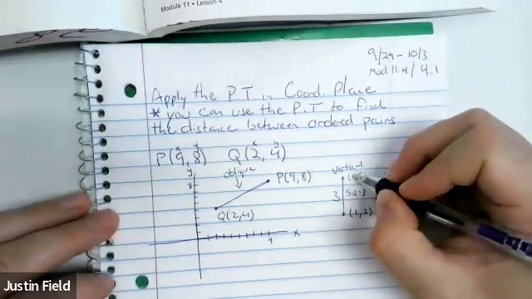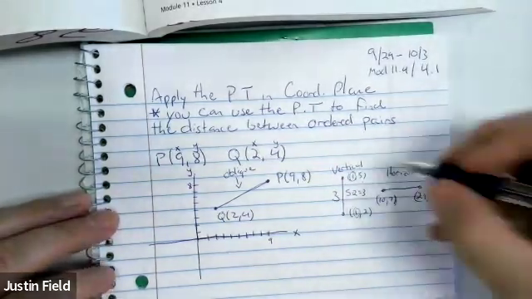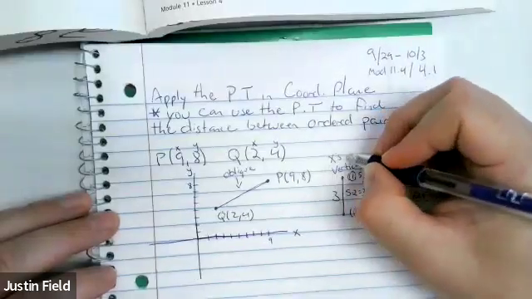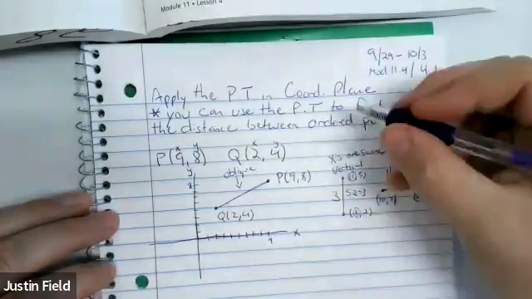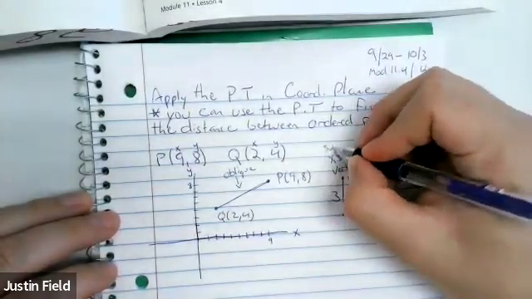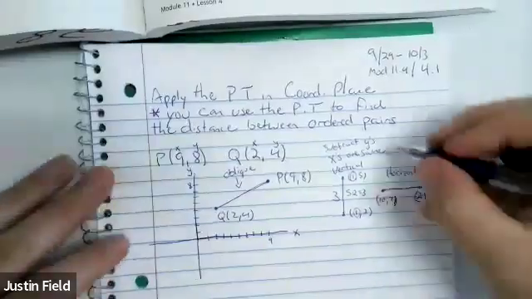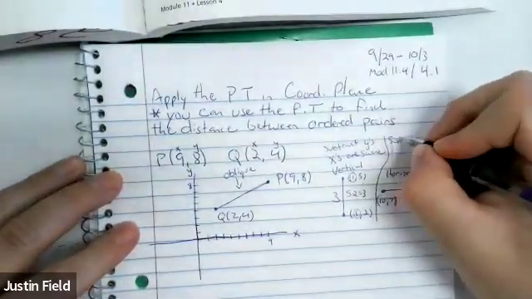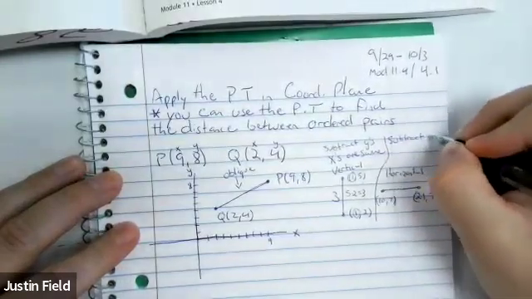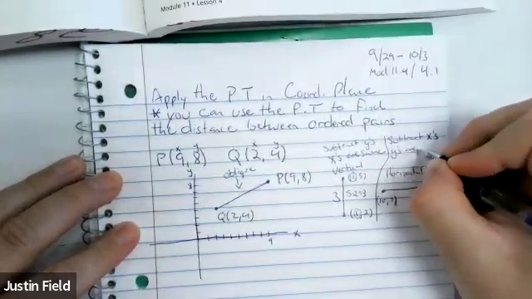But at least let's all circle the x's in the vertical and note that they're the same. We can write x's are same and subtract the y's. Subtract y's, x's are the same. And with the horizontal, guess what? We're going to subtract the x's. The y's are the same.